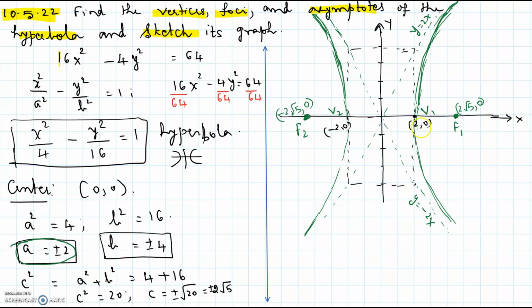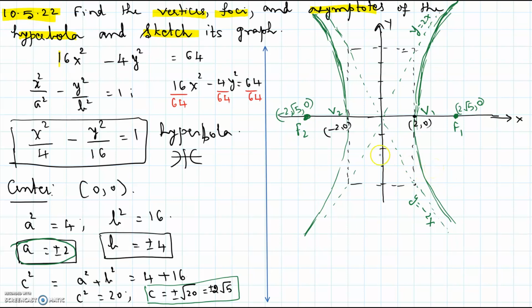The foci are at a distance of 2 square root of 5, given by the value c equals 2 root of 5, from the center. So the foci are placed at 2 root of 5 comma 0 and negative 2 root of 5 comma 0. Then you clearly see the branches cut the x-axis only.